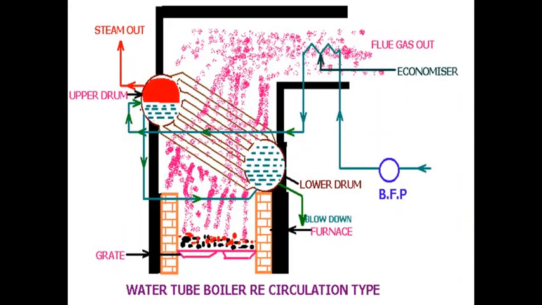Subsequently, this arrangement was modified bit by bit, starting with placing the piping which is carrying the water from the boiler feed pump through the exhaust flue gas which is coming out of the furnace, thereby introducing the economizer, and that hot water is fed into the upper drum.